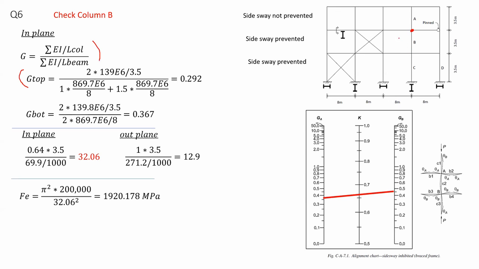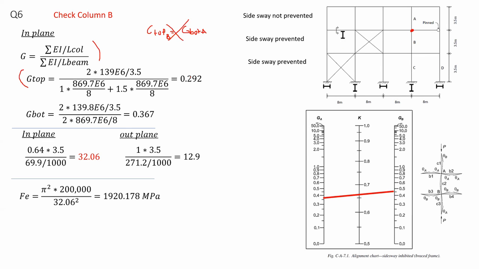Now, if this floor was unbraced, the G top value for column B would be equal to G bottom for column A. But since the side sway is not prevented for column A and prevented for column B, I have to calculate it again.